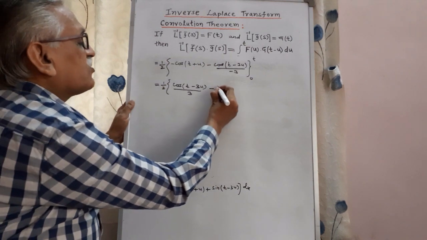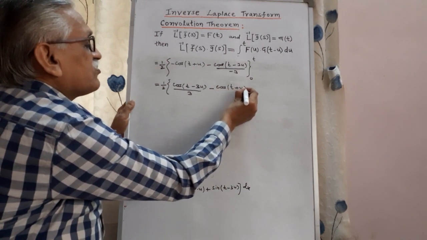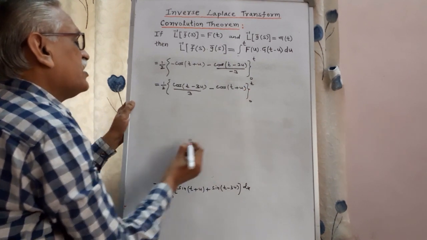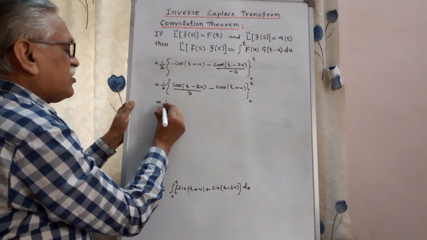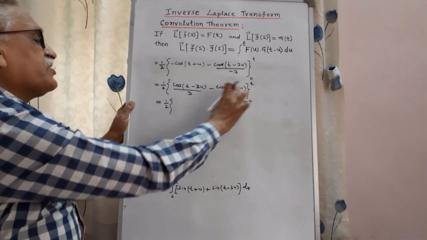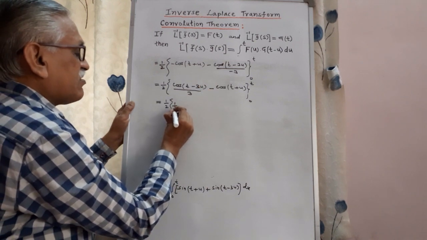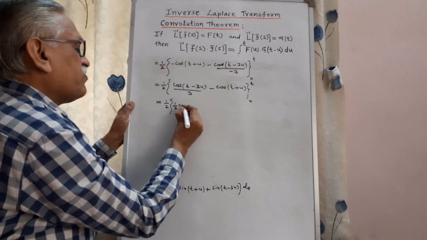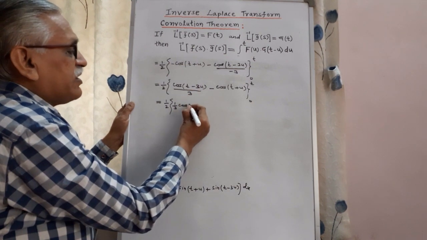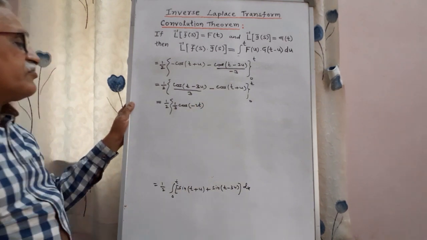and minus cos of t plus u, limits from 0 to t. And therefore, substituting the upper and lower limit, upper limit for u as t, when we put here, it becomes 1 by 3 cos of t minus 3t. T minus 3t is minus 2t.